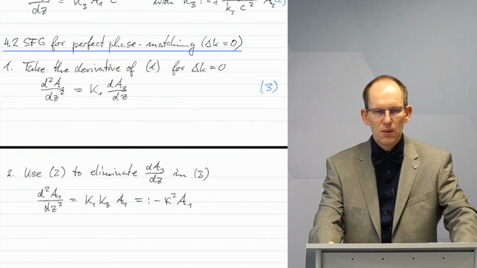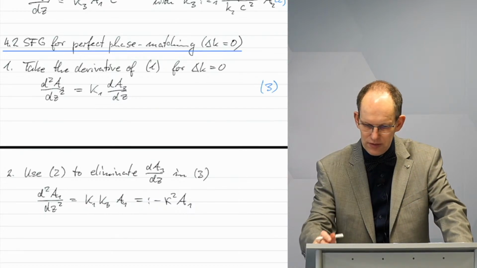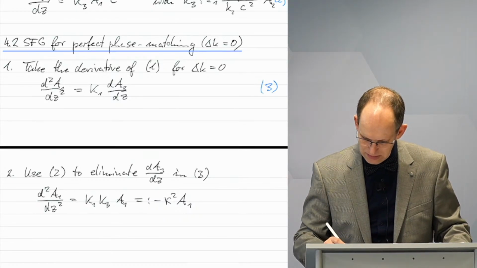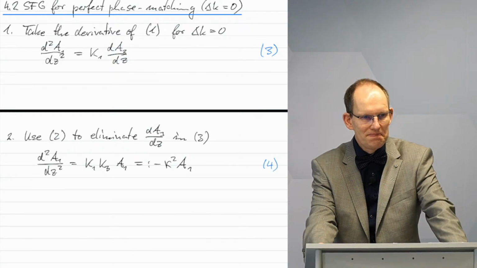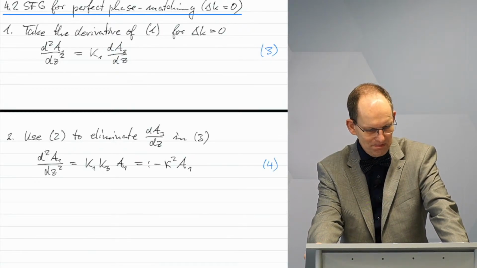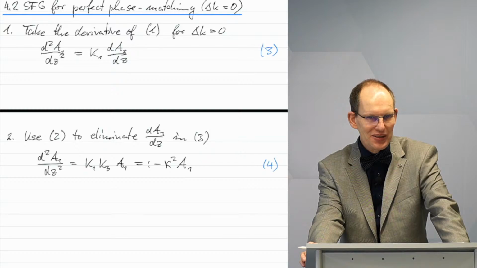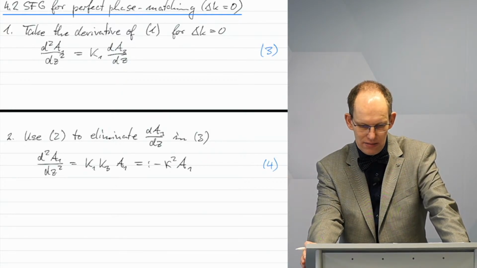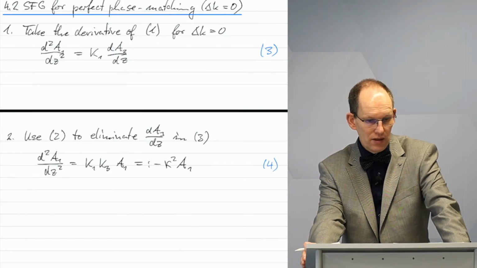Yeah? So why do I write minus kappa squared? Does anybody have an idea? So if you look at this differential equation, you see, of course, that's the differential equation of a sine or a cosine, provided kappa squared is positive, right?